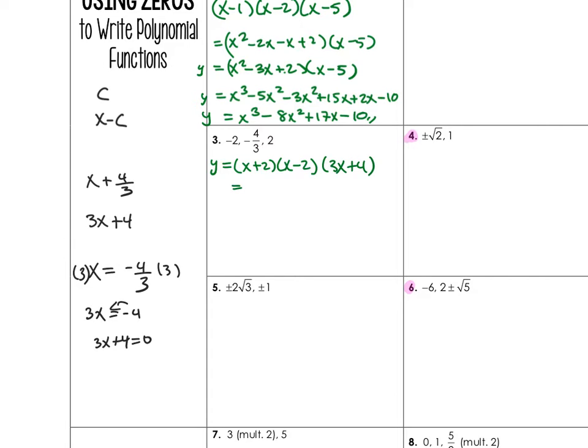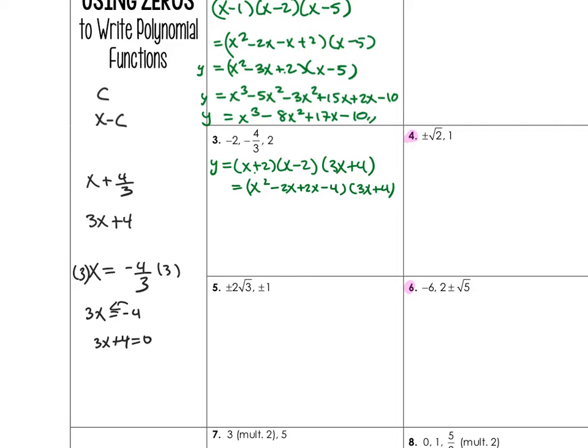So I'm going to use that one, 3x plus 4. I'm going to multiply here, so when you FOIL, you should have x squared minus 4. Actually, let's FOIL completely so you can see it. So x squared, then I have negative 2x, positive 2x, minus 4, and then I have here 3x plus 4.